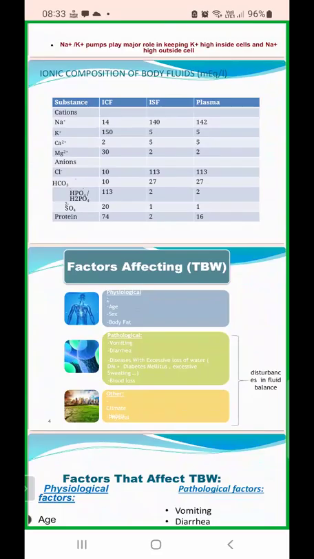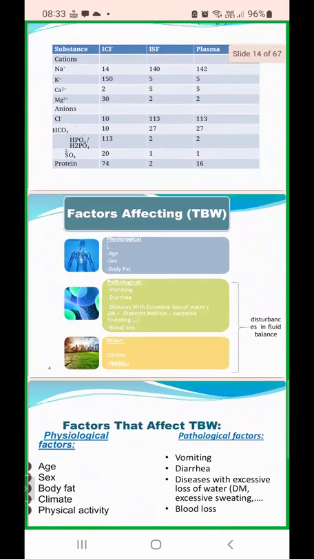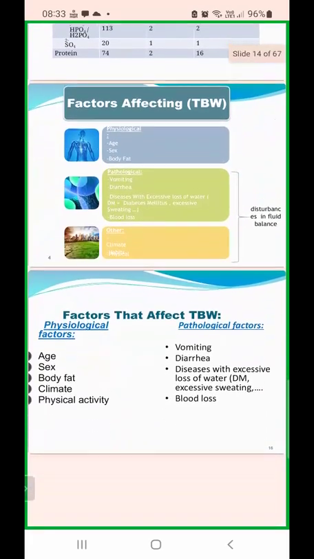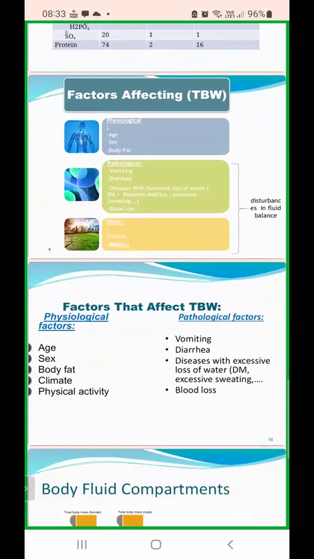Now, let's see the factors affecting the total body water. There are many physiological factors affecting the total body water: the age, the gender of the patient, and the body fat. Pathological causes of disturbances in fluid balance include vomiting, diarrhea, diseases with excessive loss of water like diabetes mellitus, excessive sweating, and blood loss.